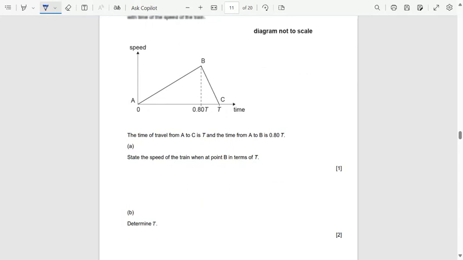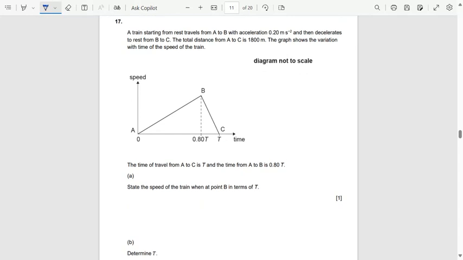So I'm going to write down what we know. The first thing we do is we always write down what we know. We know that it starts from rest, so I'm going to write u equals 0. We know it accelerates at 0.20 meters per second squared.